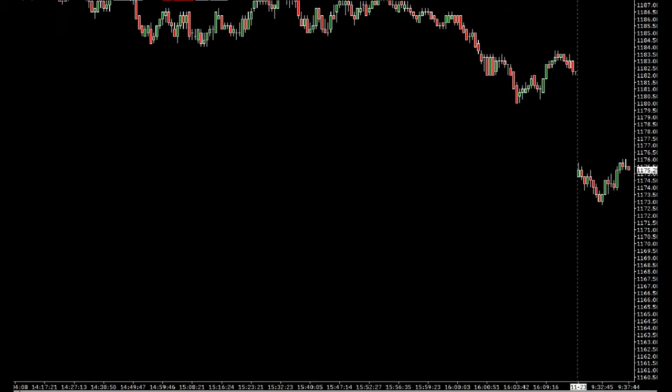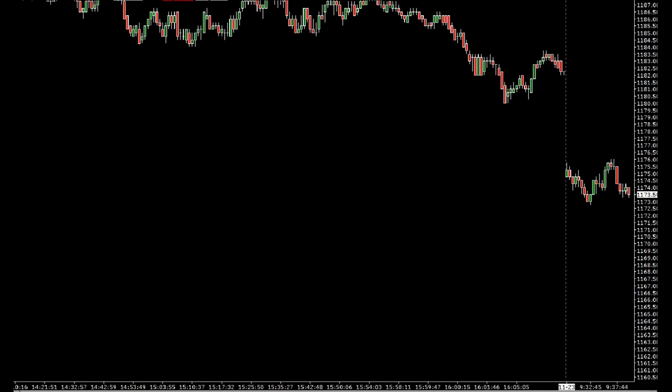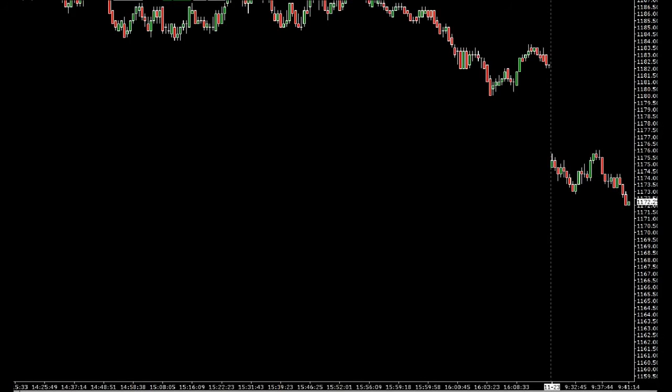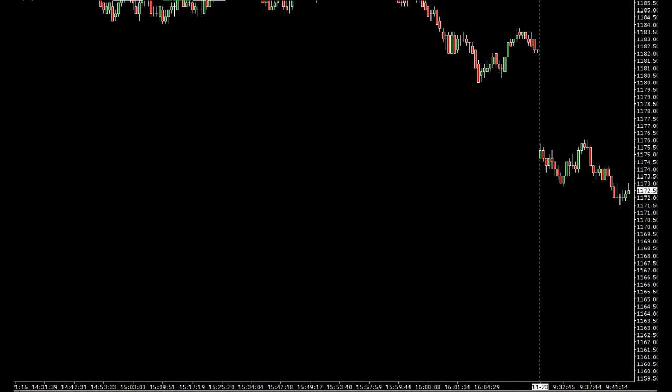Now you can tell it's a test because it's just beyond the little bit of push right on the open, and it's kind of an area I was looking at anyway.